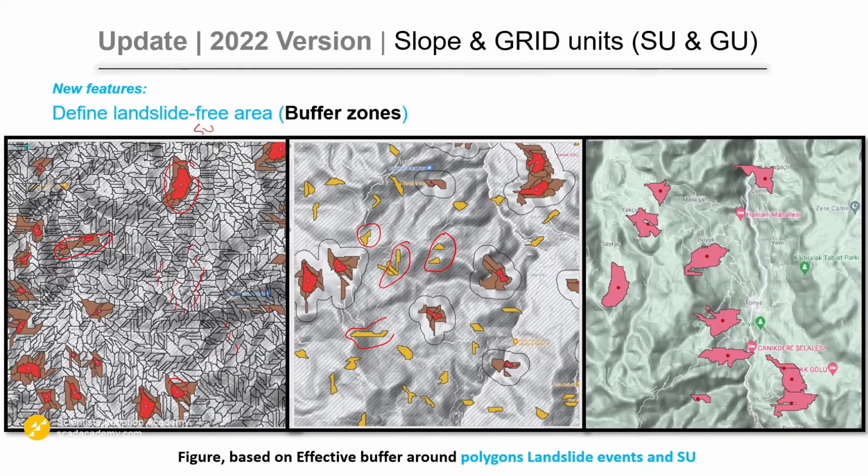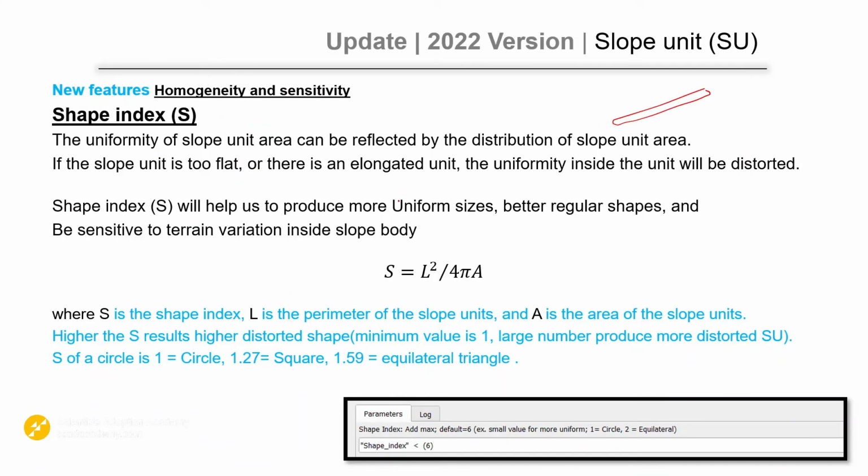For instance, here the slope units look uniform or natural, but in some places there are elongated shapes, which we don't want. These elongated shapes are considered a kind of error, but usually in the literature or in the available tools now, you can witness this kind of thing very commonly.